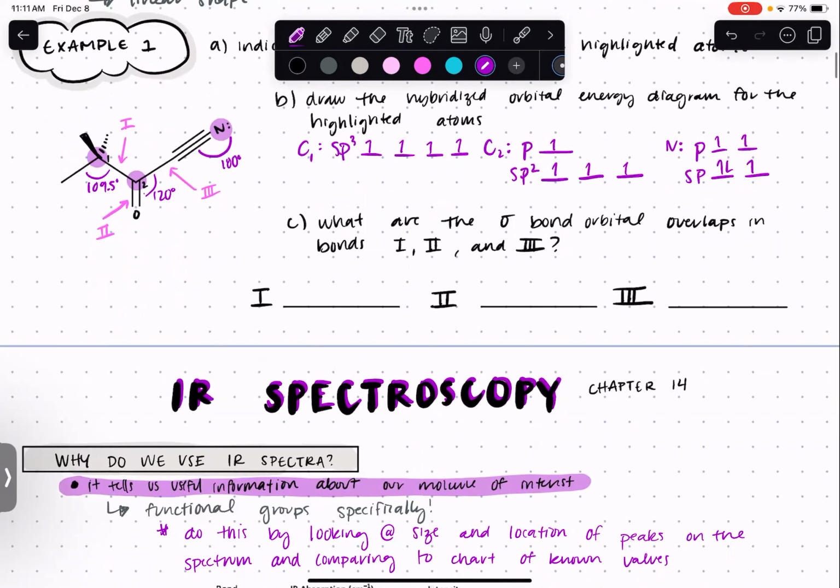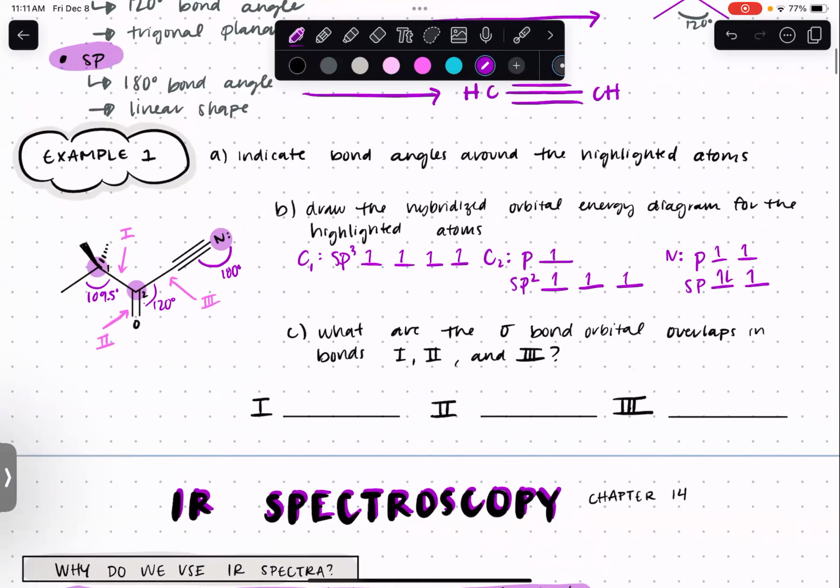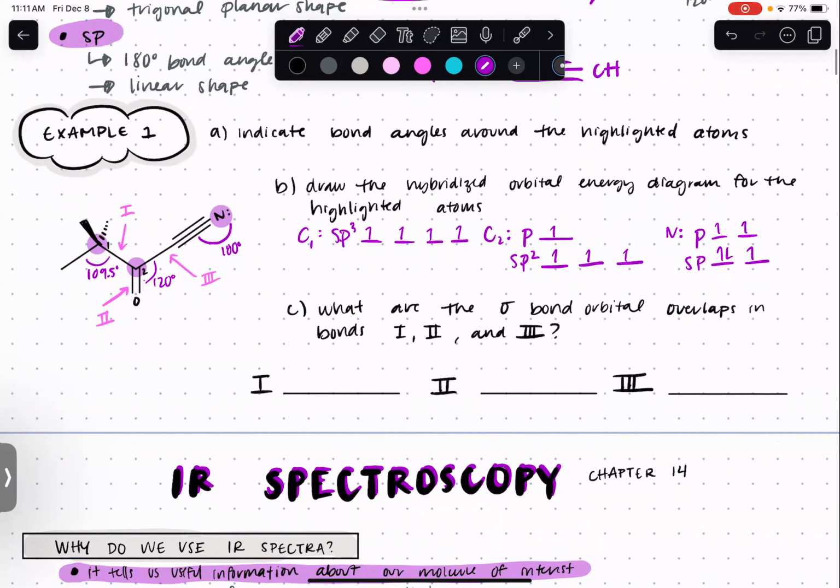And then finally, what are the sigma bond orbital overlaps in bonds 1, 2, and 3? So on bond 1, what would be our overlap there? Yeah, sp3, sp2. Or you could do it the other way. You could also write it sp2, sp3. It doesn't matter.